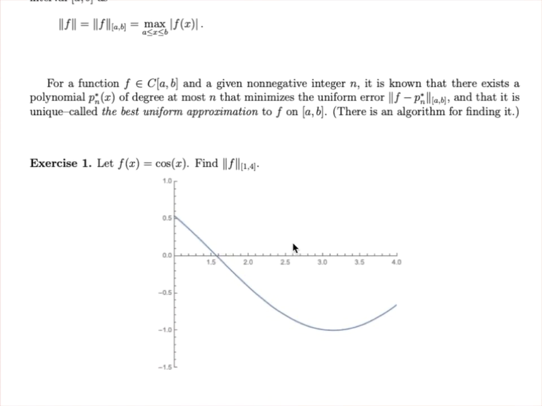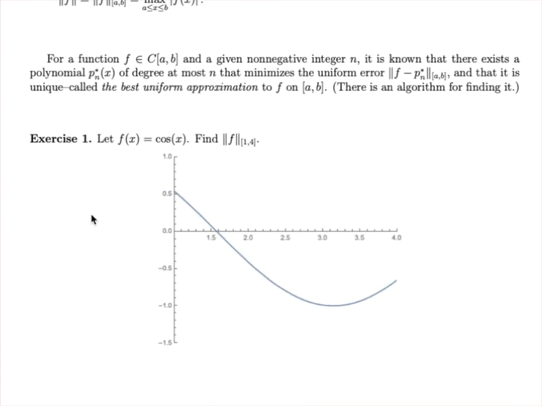Here's an example of uniform norm. We have a function cosine x. Here's a graph. It's from 1 to 4, and we want to find its sup norm, or uniform norm, or L infinity norm. And that is the biggest deviation from 0 from this line here.